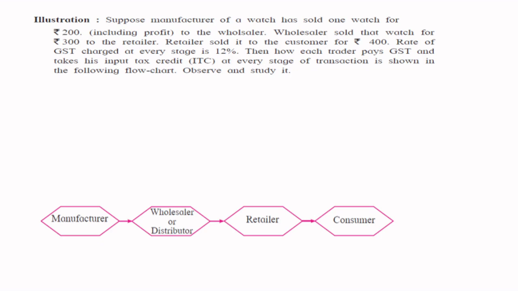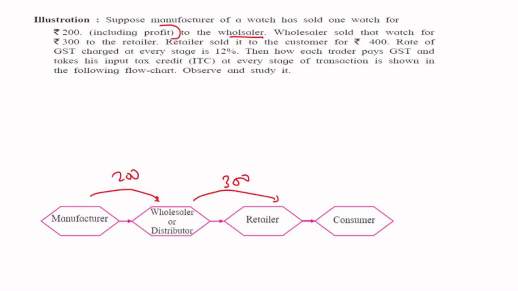Let's see one example. Suppose a manufacturer of a watch has sold one watch for 200 rupees including profit. So the manufacturer sold that watch at 200 rupees to the wholesaler. The wholesaler sold that watch for 300 rupees to the retailer, including his profit.